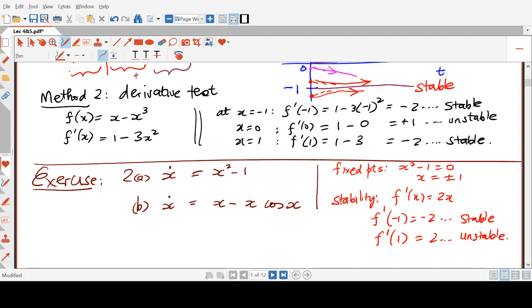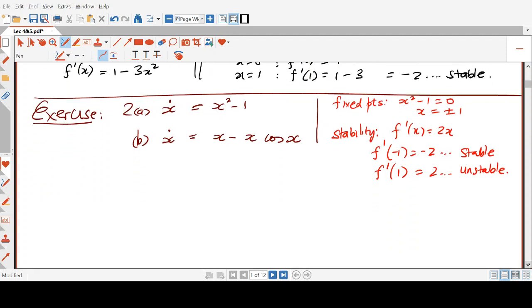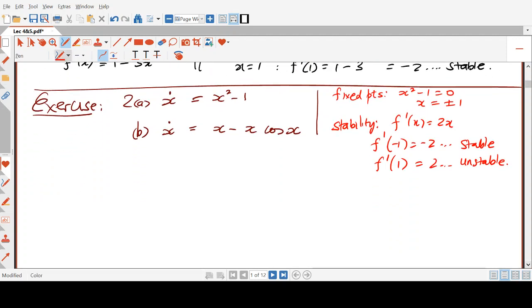The second problem, unfortunately, is not so trivial. Maybe I'll give you a hint.